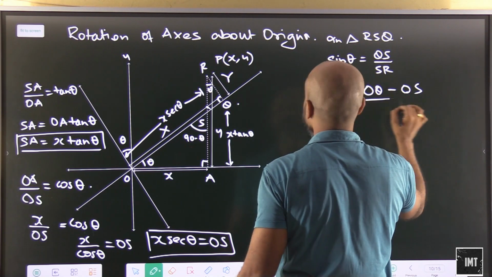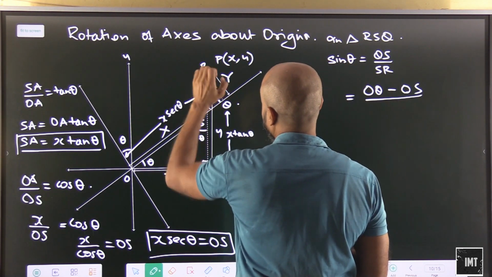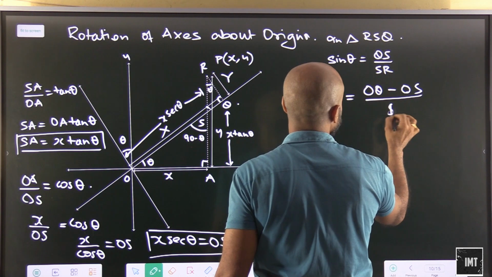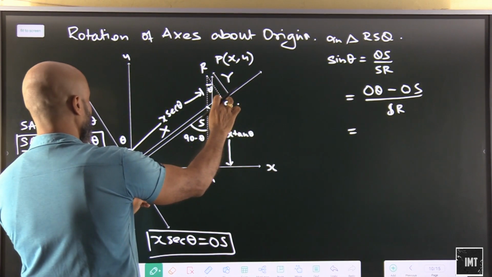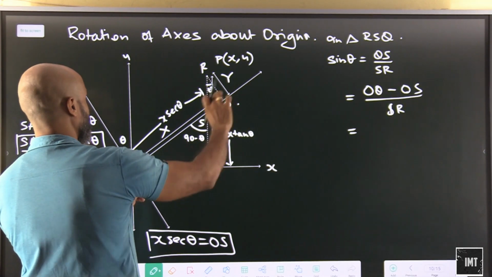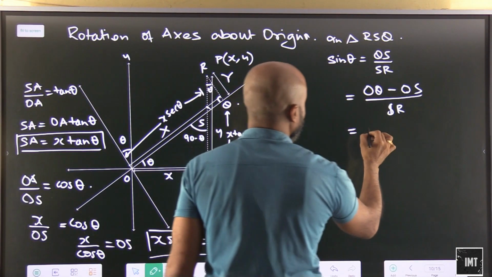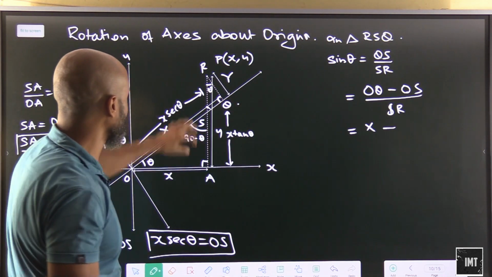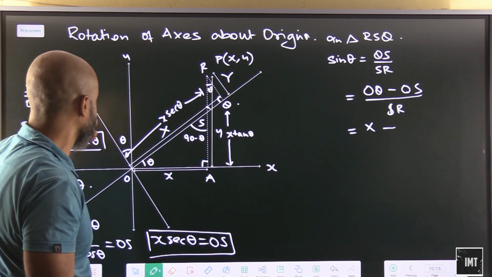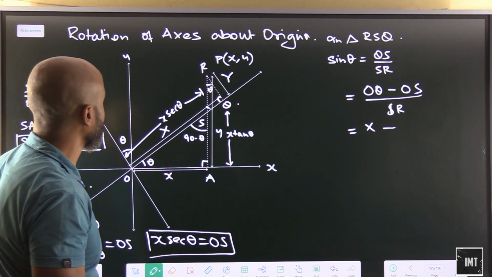That's basically QS, perpendicular upon hypotenuse SR. So OQ is how much? OQ we know is the entire length here. This will be basically capital X minus SQ. What is going to be SQ? How do we calculate SQ?